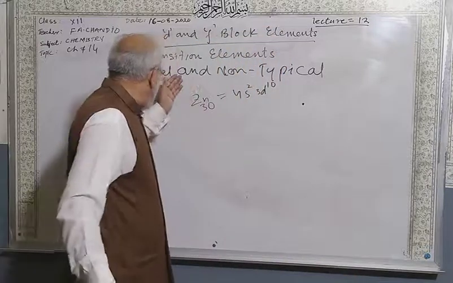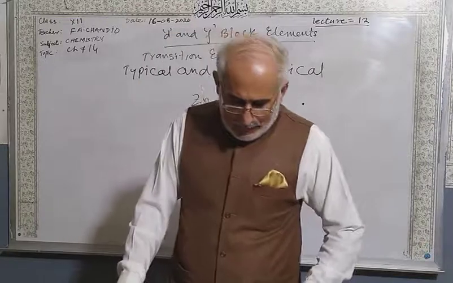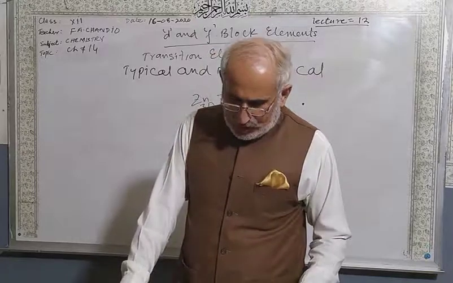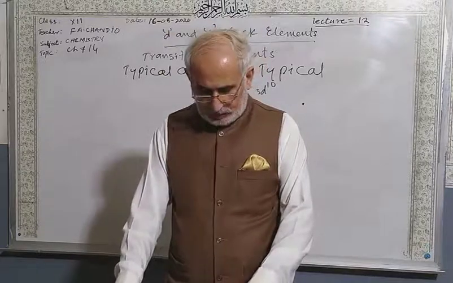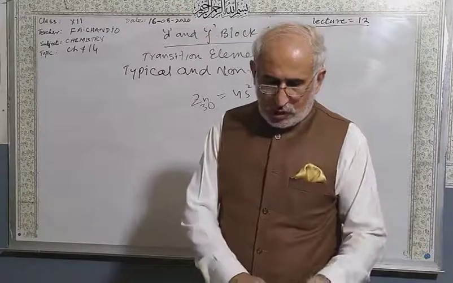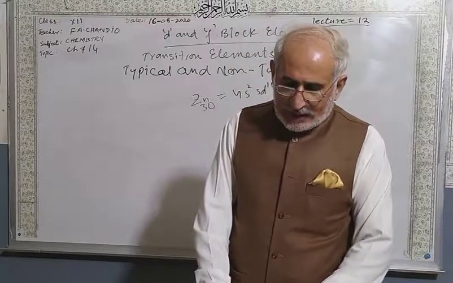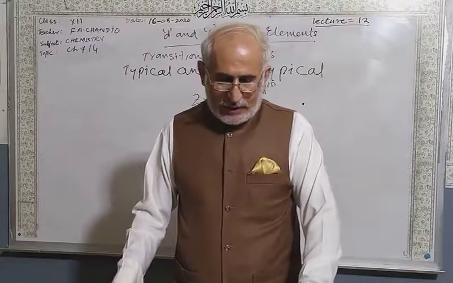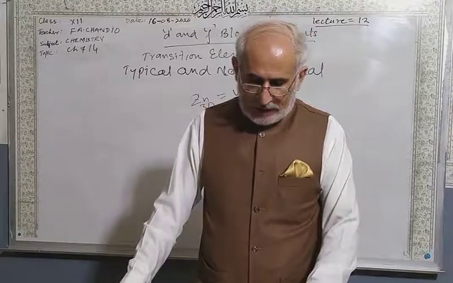Now I have already written here typical and non-typical elements. The elements of group 2B and 3B have the electronic distribution as follows: zinc 4s2 3d10, scandium 4s2 3d1, cadmium 5s2 4d10, yttrium 5s2 4d1, mercury 6s2 5d10, lanthanum 6s2 5d1.